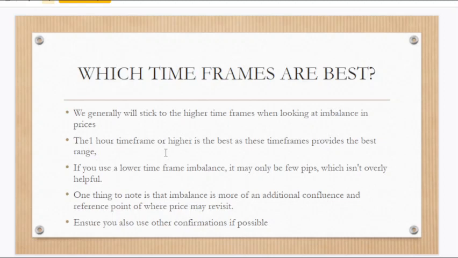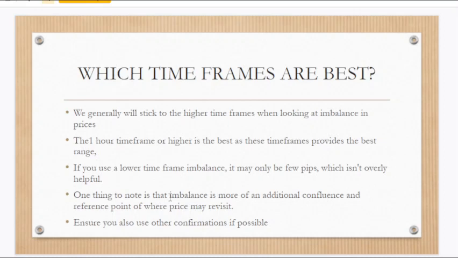If you use a low time frame, the imbalance may only be a few pips, which is not overall helpful. You just don't spend much time in the market, and that will not be profitable at all. Maybe if you're a scalper, yes, you can scalp using the same methods, but if you want to really milk the financial market, you go for higher time frames.